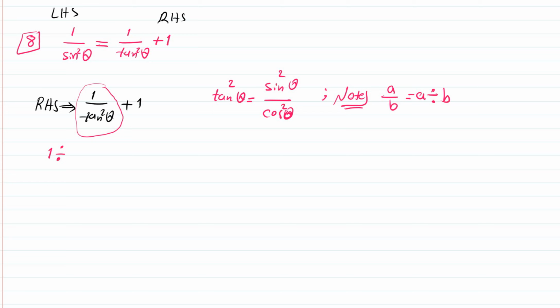Numerator divided by denominator. So this one we can say 1 divided by tan square of theta, then plus 1. Right now we have 1 divided by. Try to open tan, the value of tan is sine square over cosine square, so I will write down sine square of theta all over cosine square of theta plus 1.